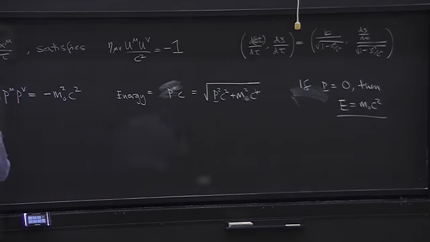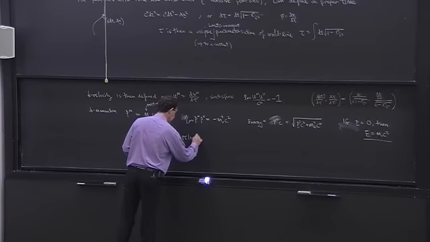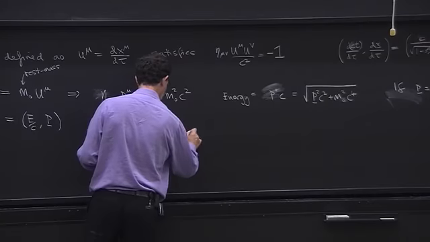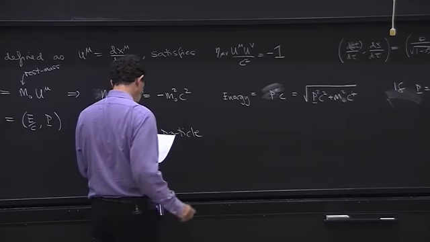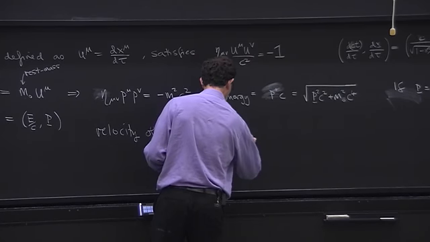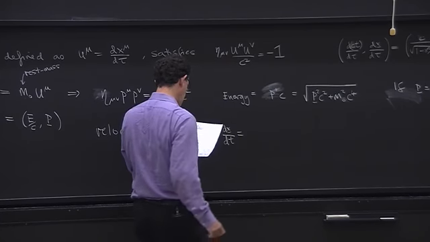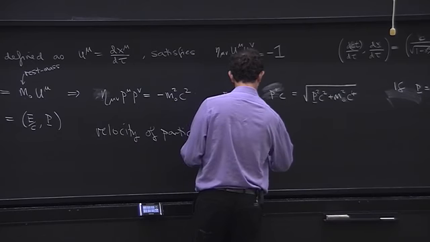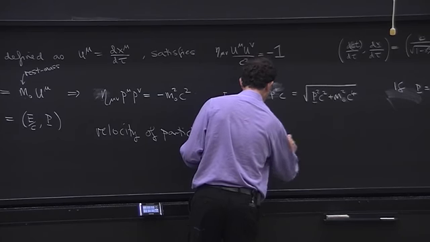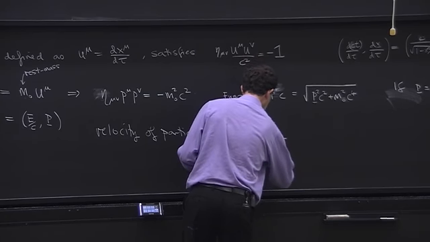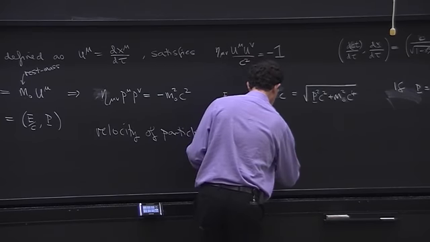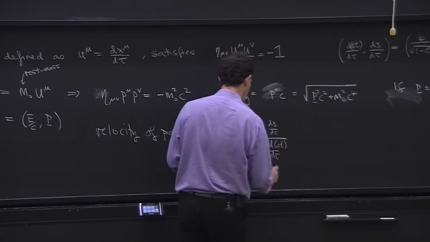The velocity of a particle, dx dt, is equal to m naught dx d tau over m naught d by d tau of ct over c.